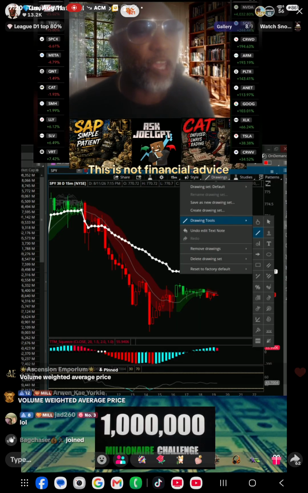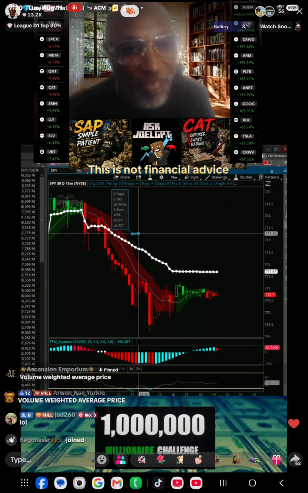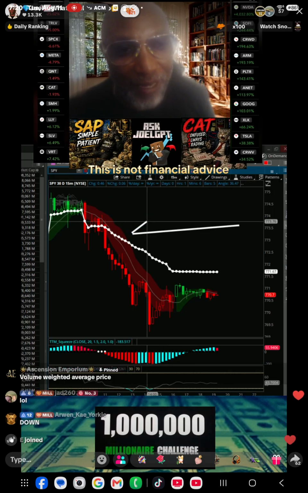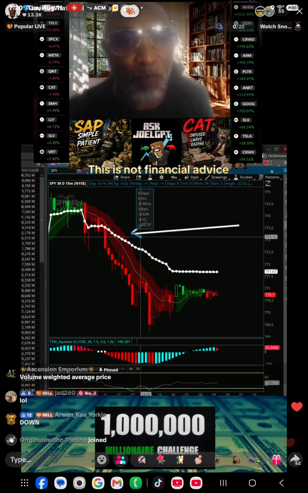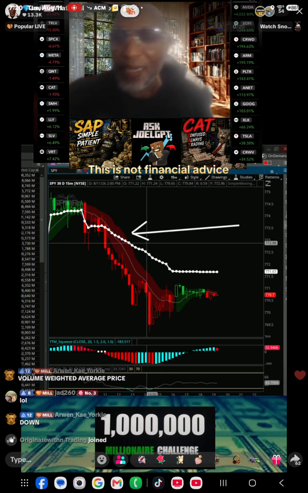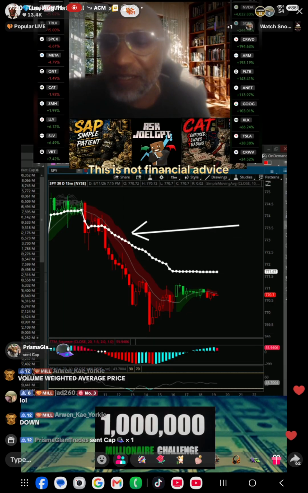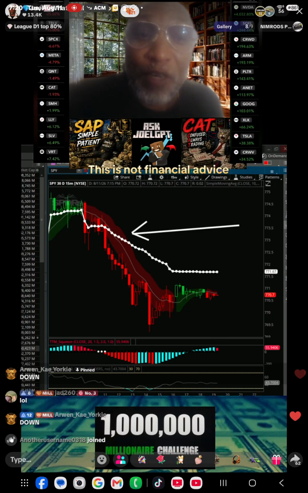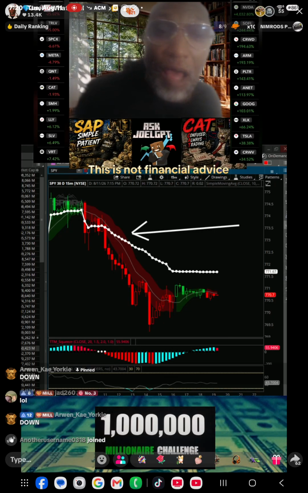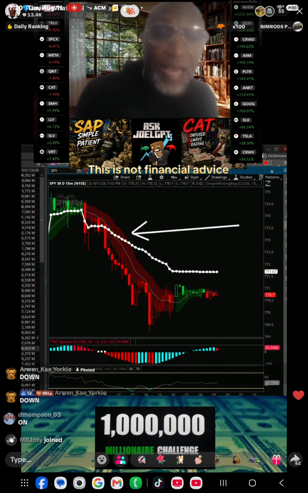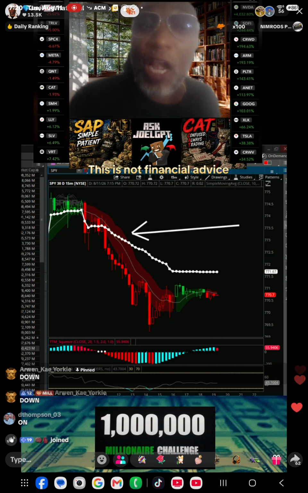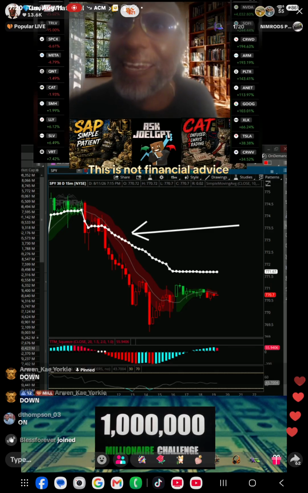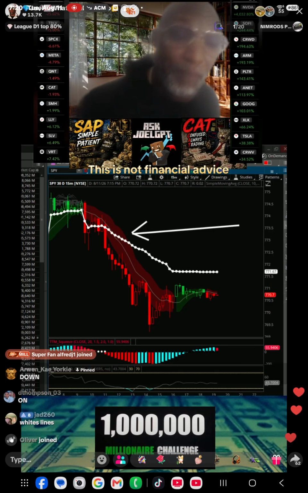This is the VWAP, this white line. What direction is it pointing? Down. It's pointed down. So guess what? We were short all day long. Guys, we were short all day long. And if you didn't know to be short all day long, you need to add the VWAP.